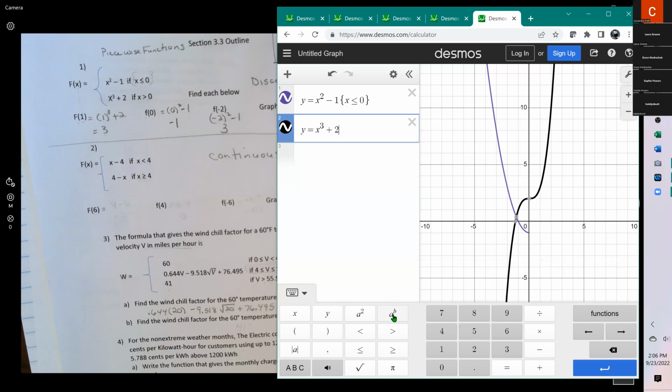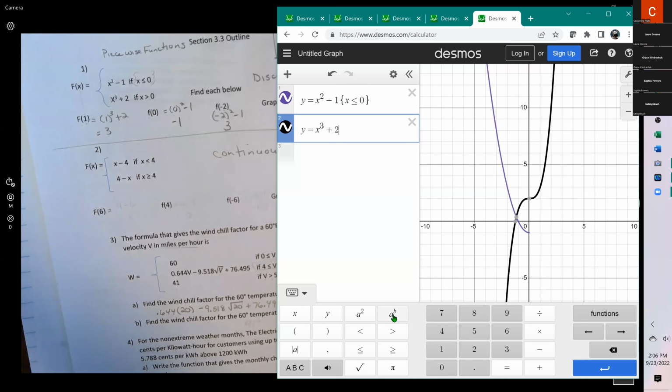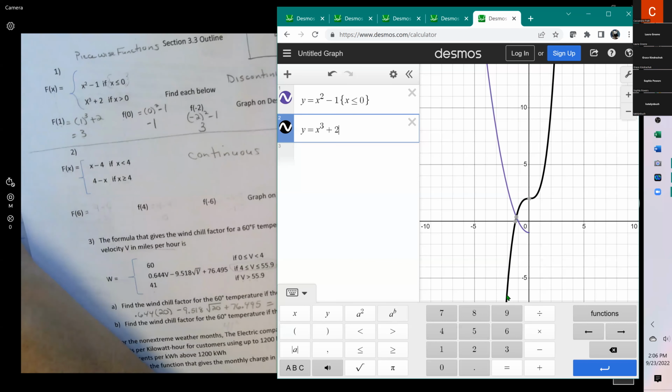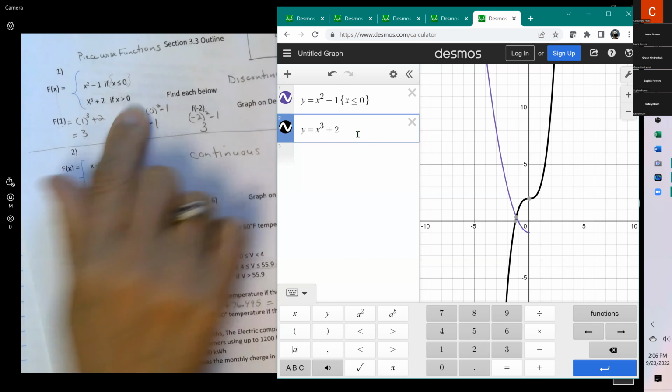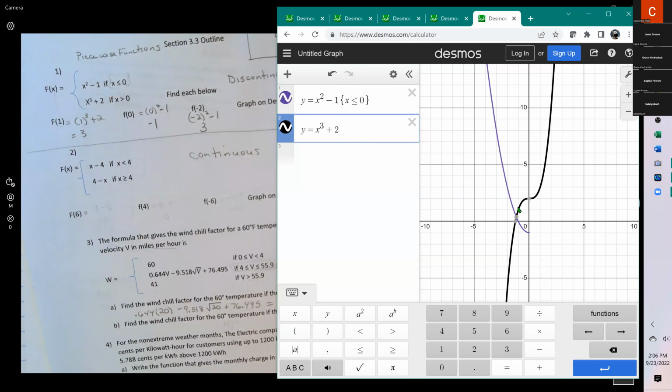Plus 2. There we go. A cubic function looks like a snake. Now, once we put x greater than 0, everything less than 0, this part here is going to disappear. So we'll put our script x greater than 0.